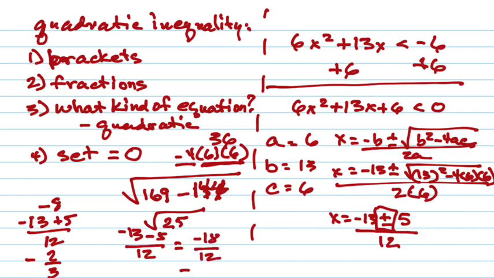It gives us a negative. They'll both divide by 6, which gives us negative 3 over 2. So my completed answer is negative 2/3, negative 3/2, right? Okay. Now, but remember, if I divide by a negative, I have to reverse the symbol.